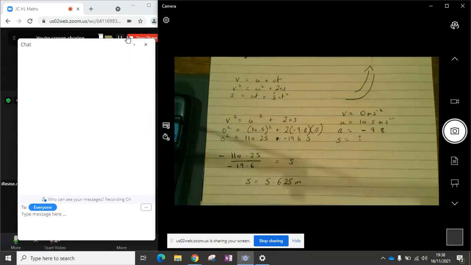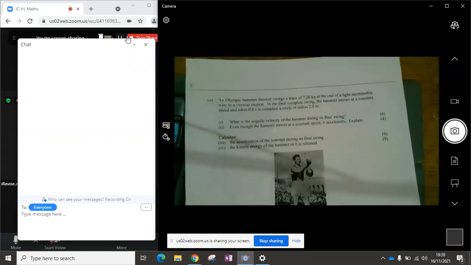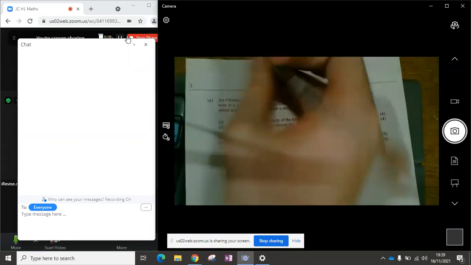So the next question is based on similar concepts. This question is from, let me get the year of this, the 2012 question.